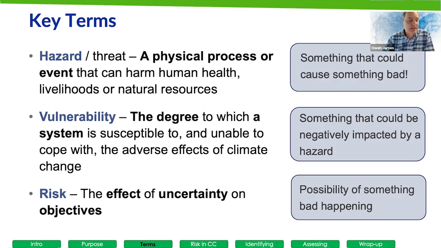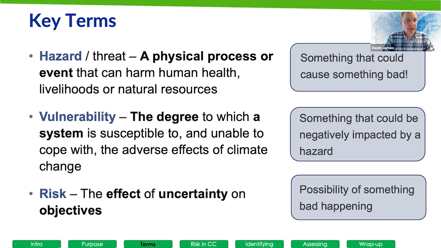So let's think about a hazard could be extreme rainfall, and a vulnerability could be that low-lying community. So now we've got the interaction of something physical, a community, a road, a field, a facility, and this hazard that could be impacting it.